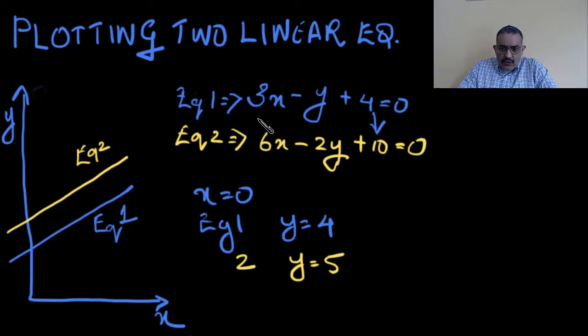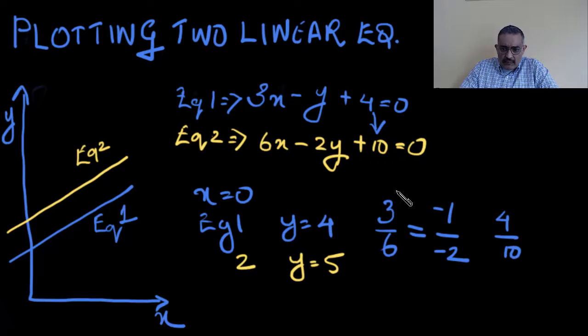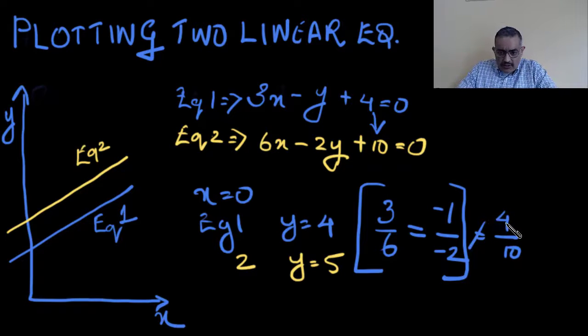This ratio of the x coefficients, that is 3 by 6, and the y coefficient, that is minus 1 by minus 2, and the constant term 4 by 10. Now we know that these two items are equal, and this is not equal to the constant coefficient. This is basically half right here.